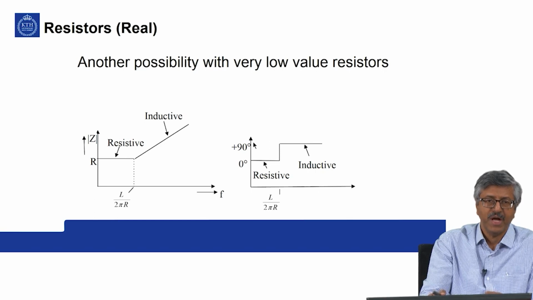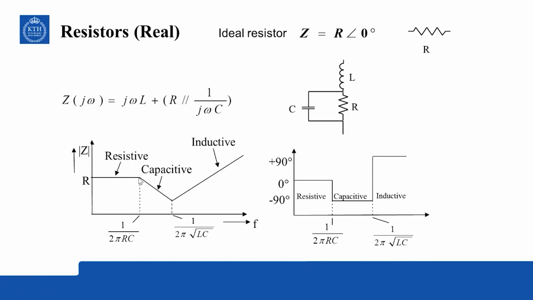Whereas if you have very high value resistors, say thousands of ohms, then parasitic capacitance becomes more problematic. Then the Bode plot will be something like this, going from resistance to capacitive. So depending upon the application and the low or high value of the resistor, one of these two Bode plots will be more appropriate. So two different models are possible for a resistor.